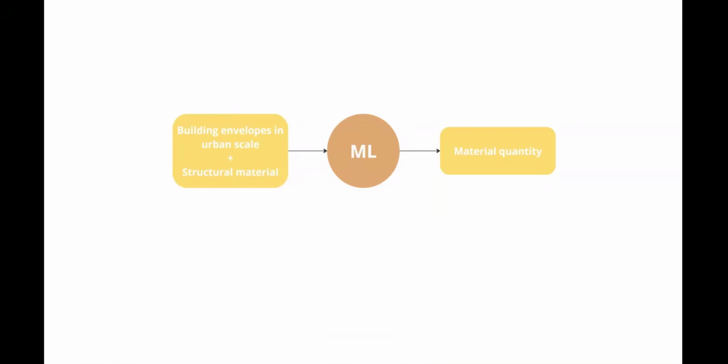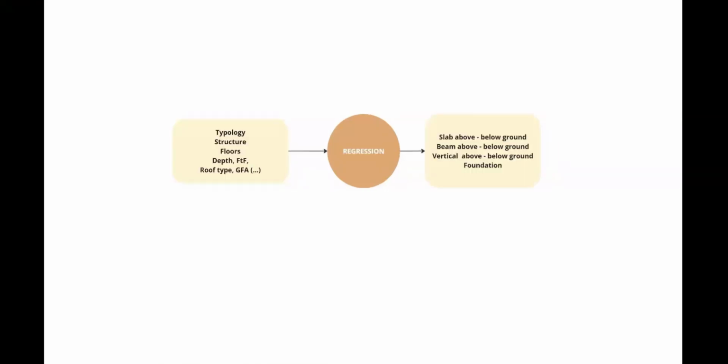So the idea for the model was: from building envelopes at urban scale and the selected structural material, what should be the material quantity? Specifically, the inputs included the typology, the kind of structural material, the number of floors, depth, and any other geometrical aspects that we can translate into numbers or classes.